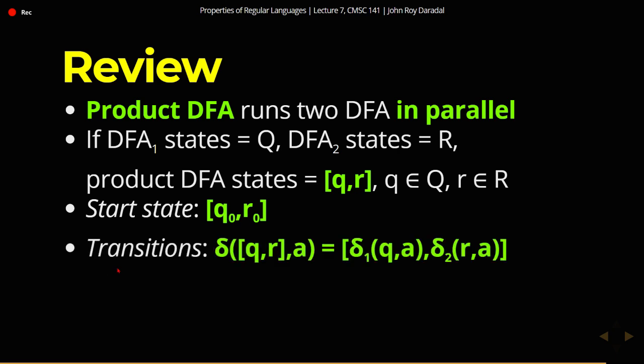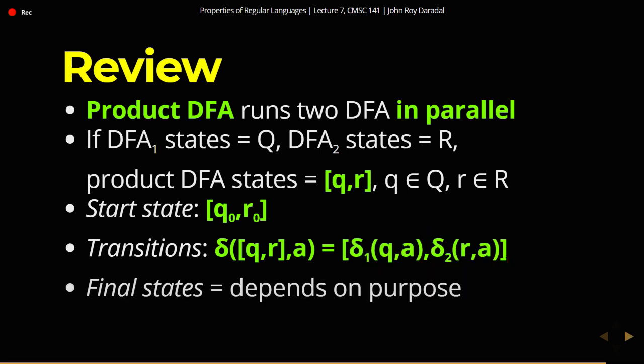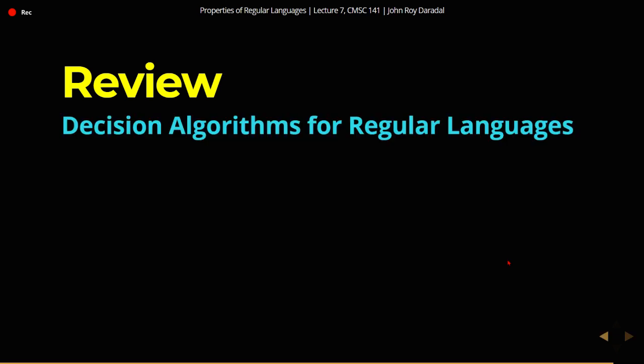And then for the transition, just follow this equation. So (Q, R) on A will go to (delta of Q,A and delta of R,A) as the state. Okay, and the final states depend on the purpose. So if it's equivalence or containment or intersection, it depends on what your use of the product DFA is.